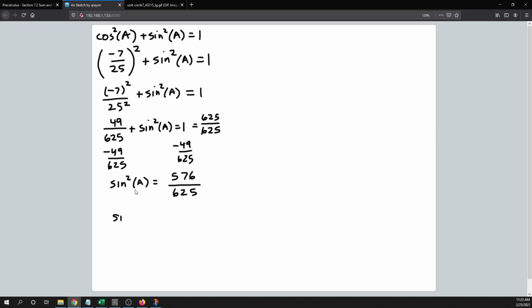What I need to do is to use the square root property. The square root property says if I have some expression squared equaling a positive number, well, then there are two solutions to that equation, and that is plus or minus the square root.